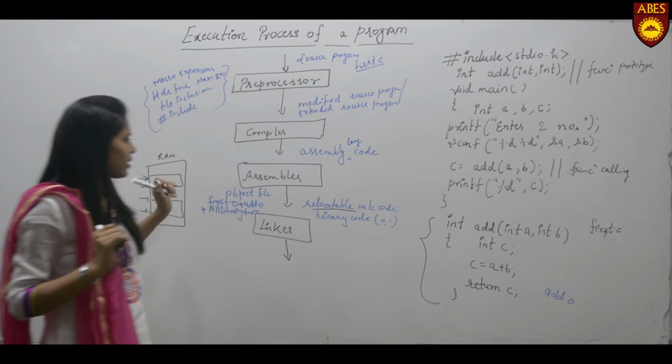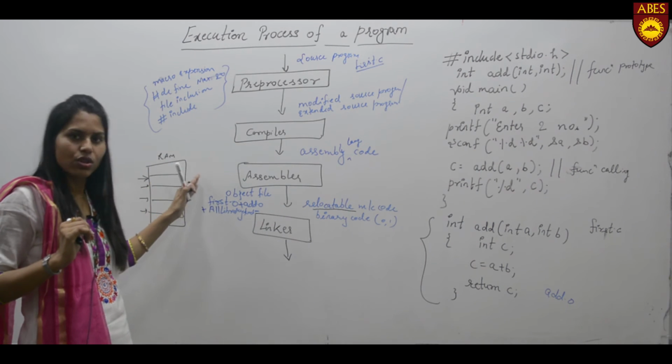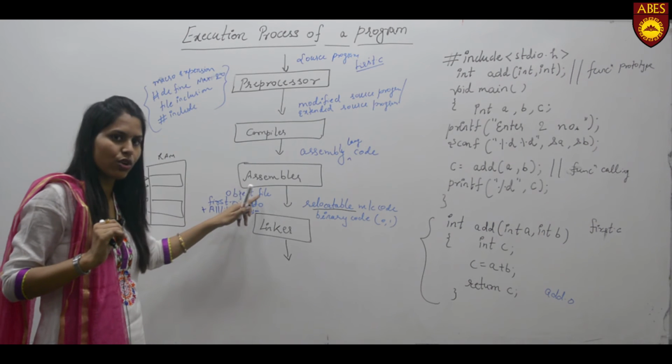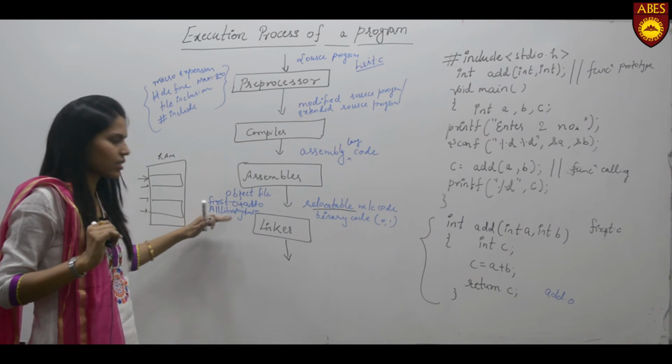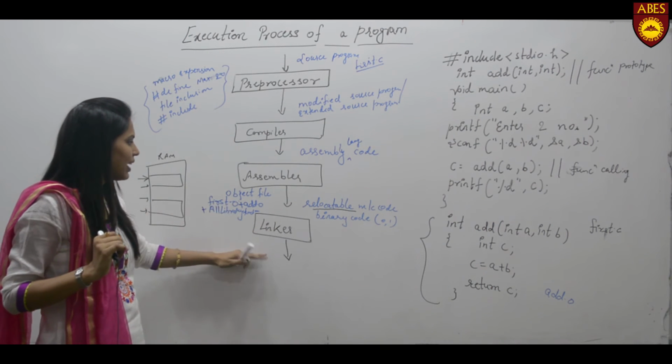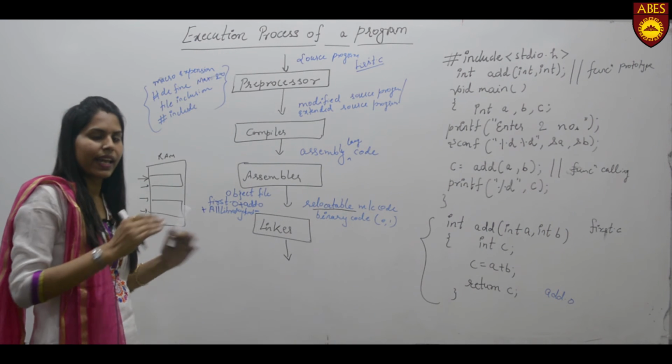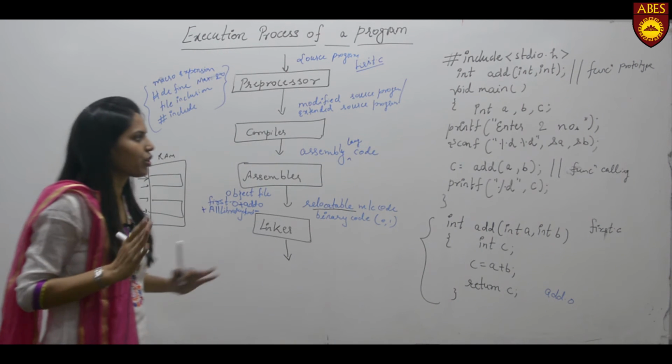We can see here the assembler generated first.o, add.o, and all the library function object files. The linker will link all the object files and convert them into a single executable program.